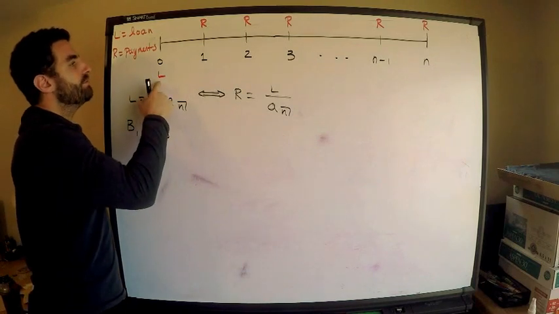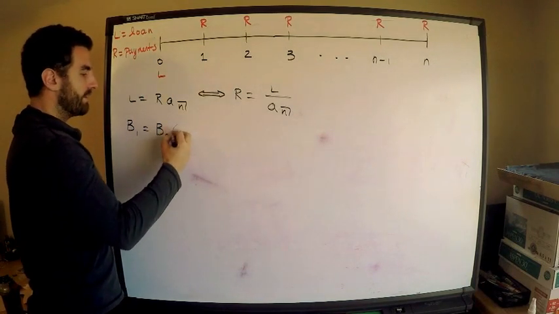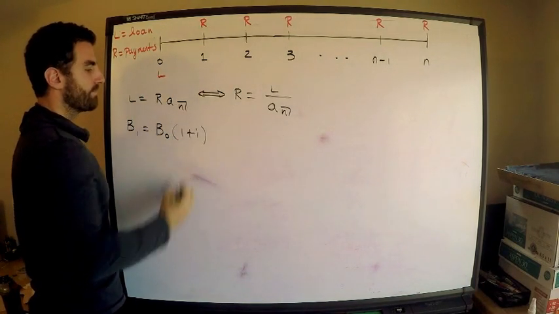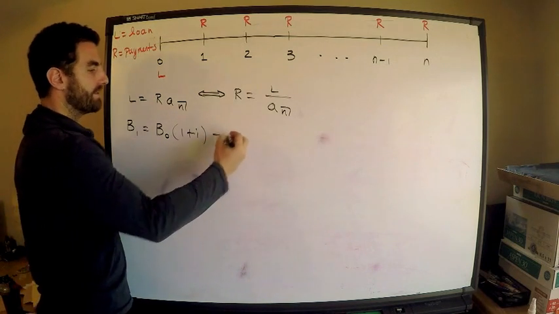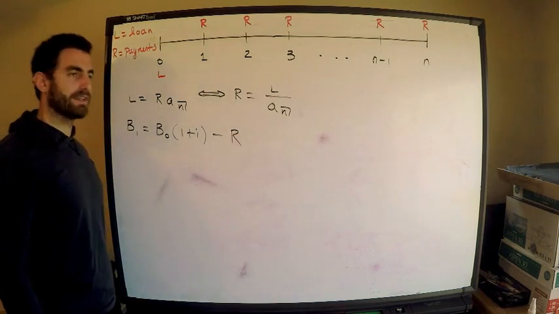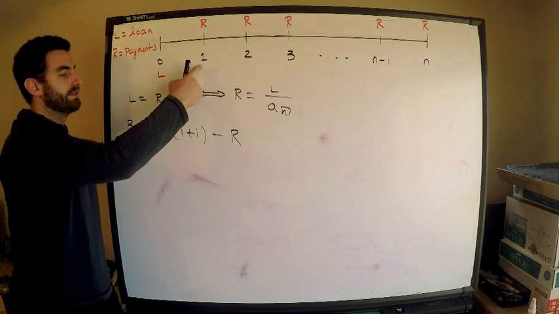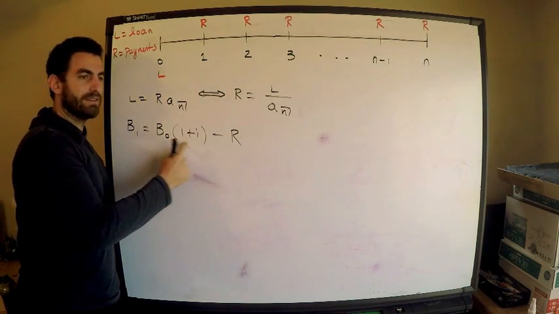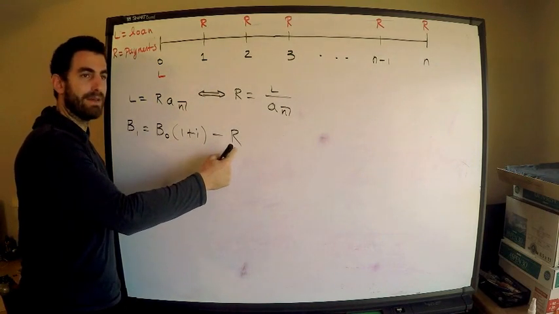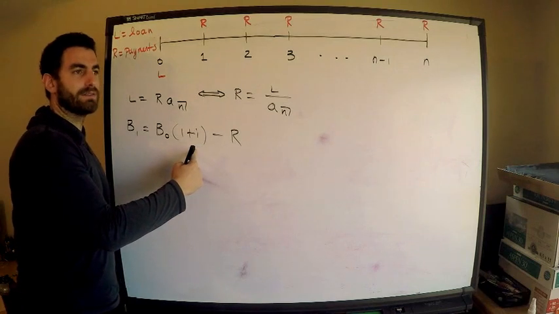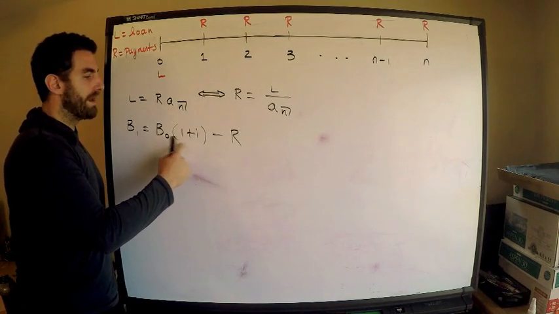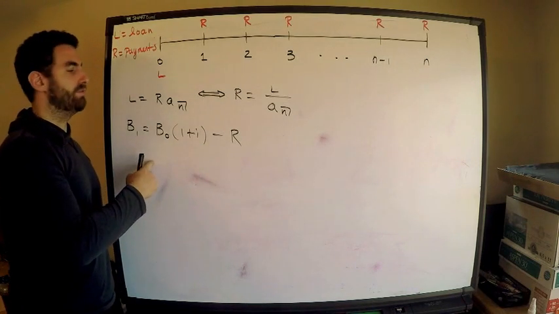And now I need to accumulate that to year one by taking 1 plus i. And now I need to subtract the payment. Think about it for a second. That's exactly going to be the balance right here. I take a loan, it gains some interest, and now I make a payment, take that off the accumulated balance, and then that will give me my balance in year one.